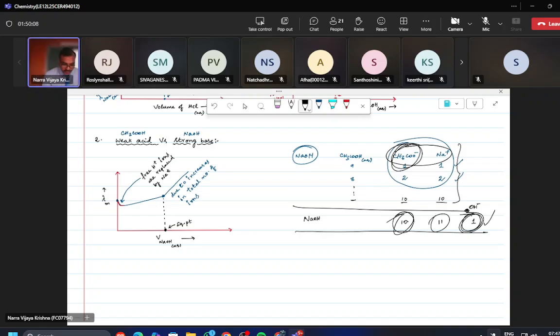Now, why there is increase here? Why it started increasing here? Instead of unionized CH3COOH, we are getting ionizable CH3COO minus. That is, one CH3COOH is converting to CH3COONa, na?